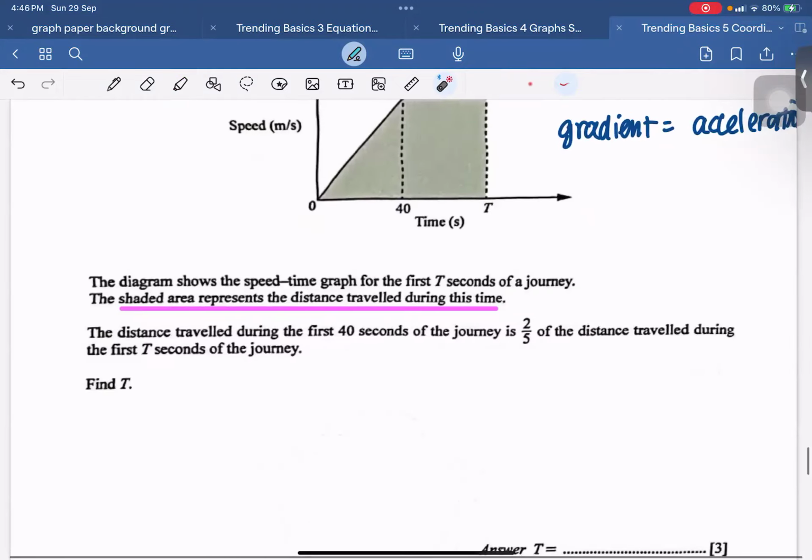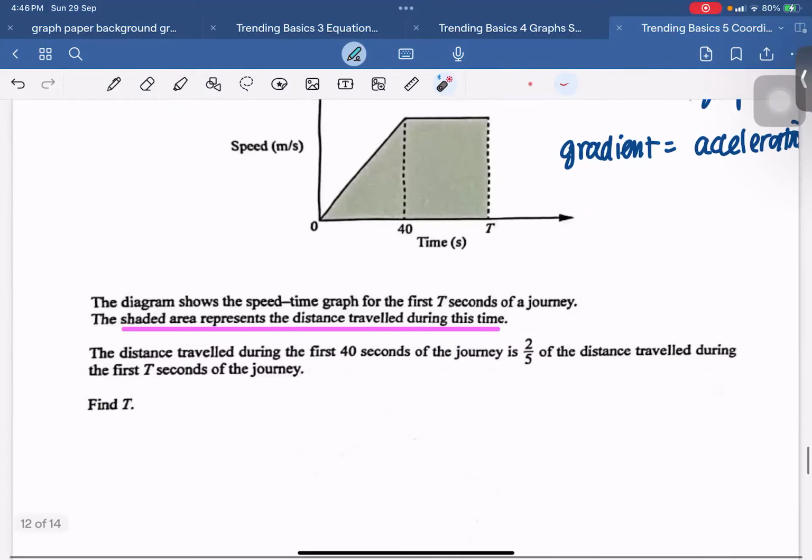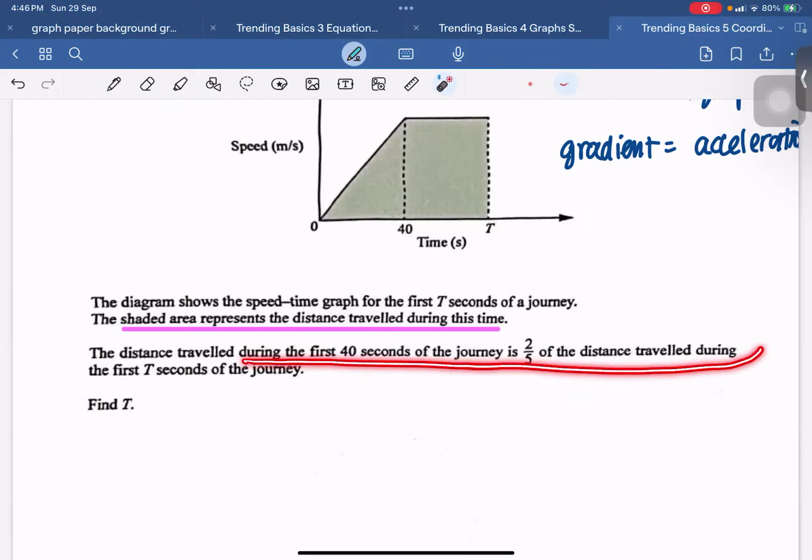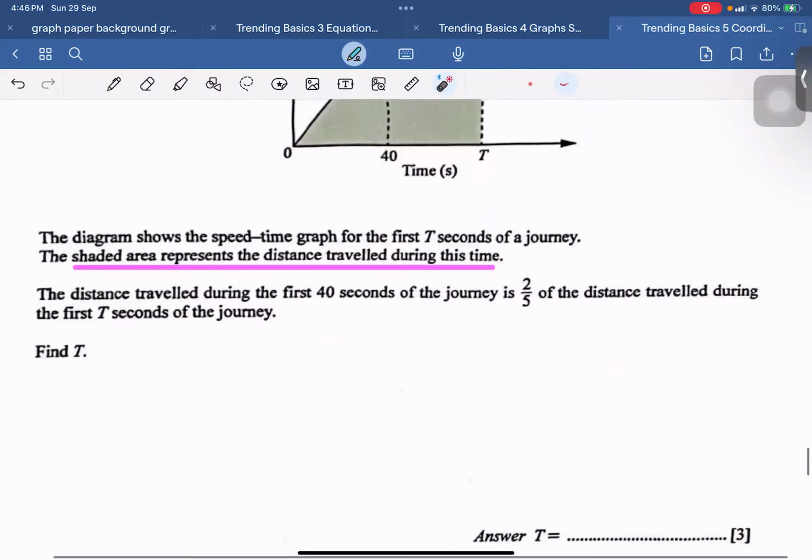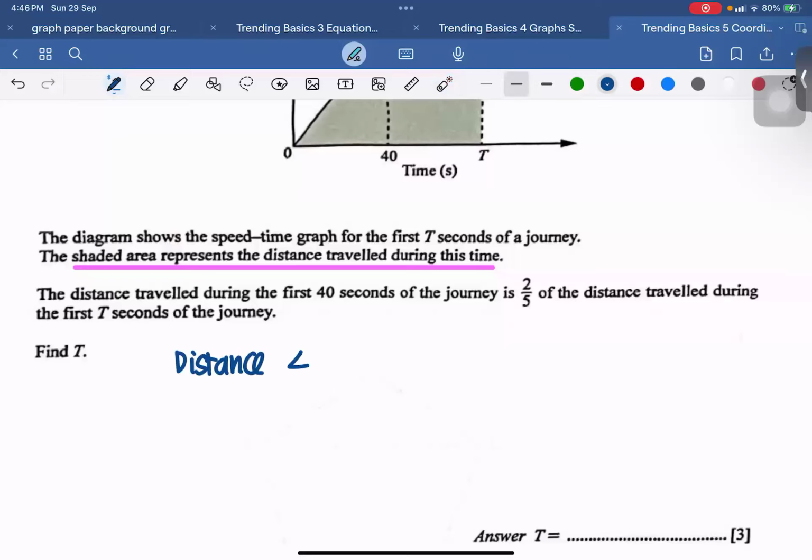When you have this kind of question and do not know what to do, follow the statement and write an equation. Distance during the first 40 seconds equals 2/5 times the distance of the whole journey.